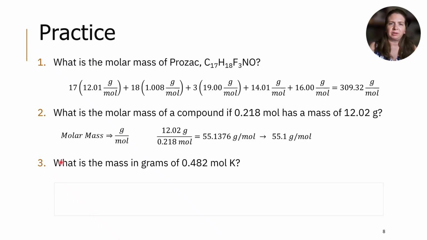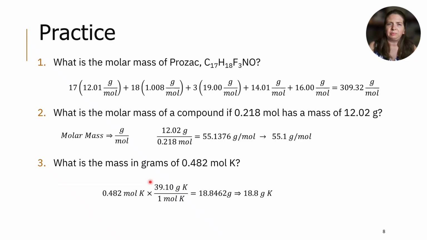For the final problem, we are asked to convert from moles to grams. When converting between units, use dimensional analysis. We need to start with 0.482 moles of potassium. Since we need to find grams, molar mass will be used as our conversion factor.